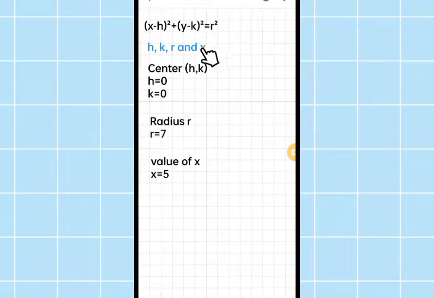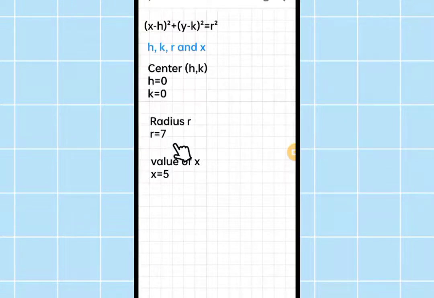The variables are h, k, r, and x, where (h, k) is the center of the circle, r is the radius, and (x, y) is any point on the circle. Our center is plotted at the origin. With this, our center (h, k) is (0, 0), so h is equal to 0 and k is equal to 0.